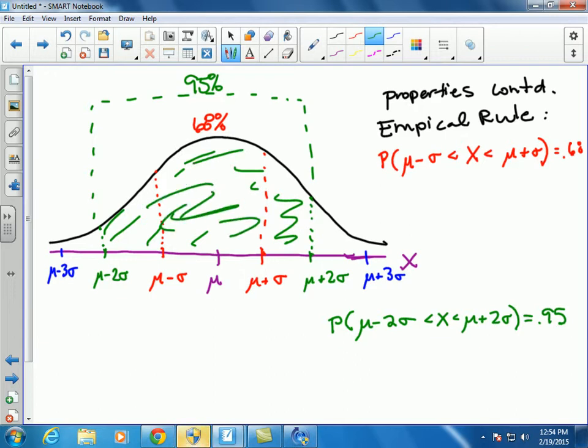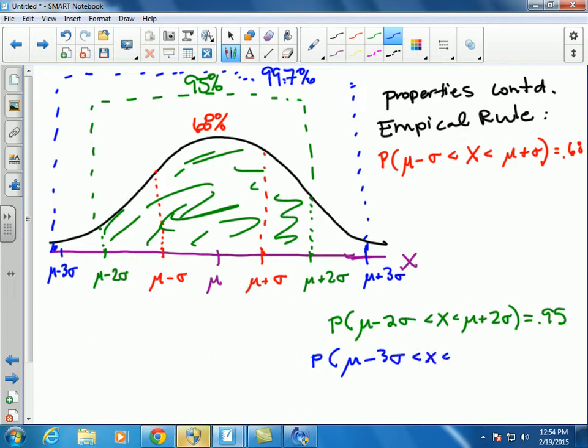And the third one says that if you're within 3 standard deviations of the mean, you get pretty much everything, or 99.7%. So the probability that you're 3 standard deviations on the left side to 3 standard deviations on the right side is 0.997.